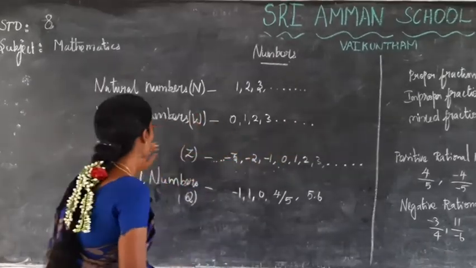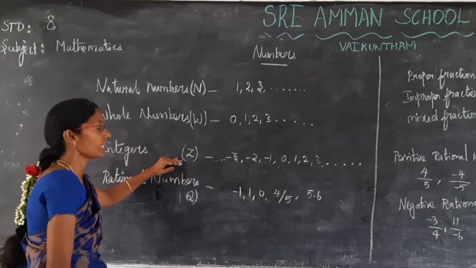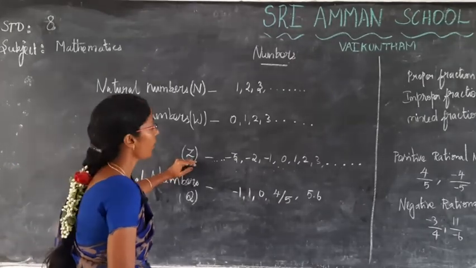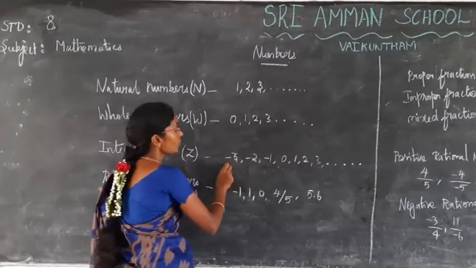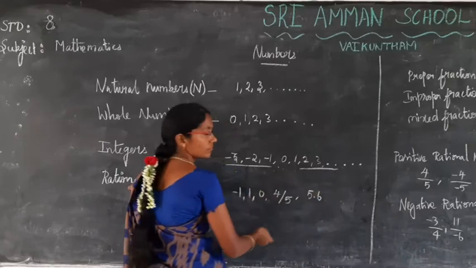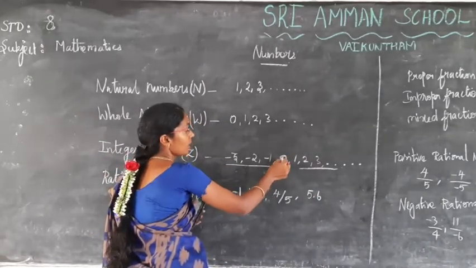Next one, integers. Integers are represented by the letter Z. What is an integer? An integer includes both positive and negative numbers. 0 is at the center.